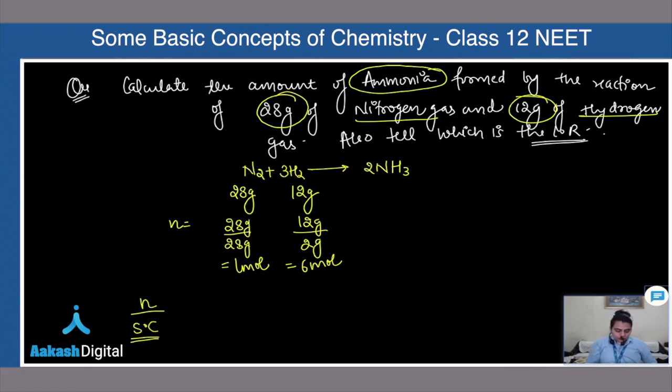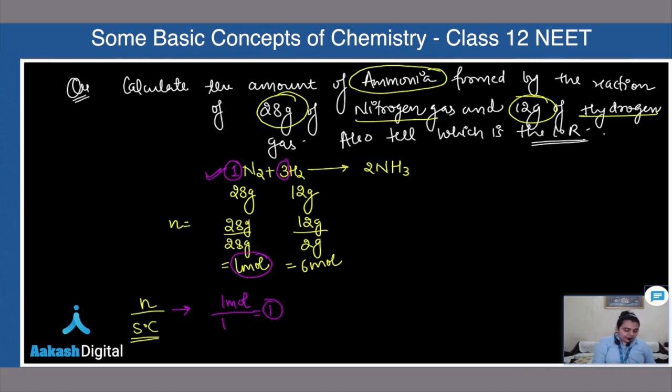So just calculate n by stoichiometric coefficient value. The number of moles is 1 divided by its stoichiometric coefficient 1, so it is equal to 1. Next, the number of moles for hydrogen is 6. Its stoichiometric coefficient is 3. So the value is 2.